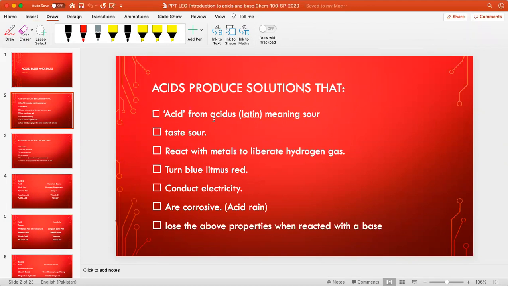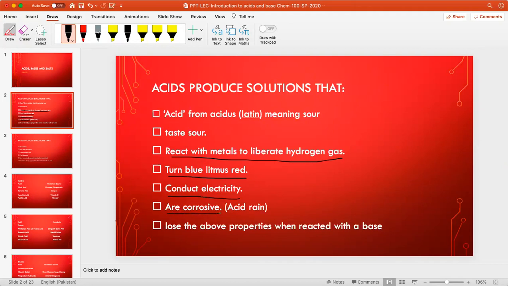So the taste of acid is sour, and they usually react with metals to liberate hydrogen gas. They turn blue litmus to red, and they are good conductors of electricity, and they are very corrosive.